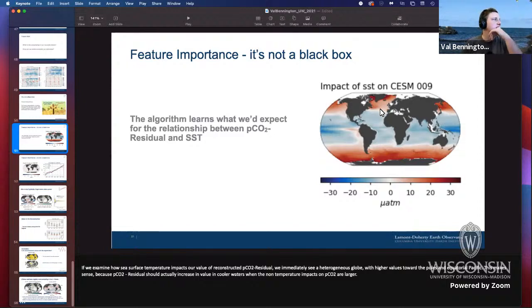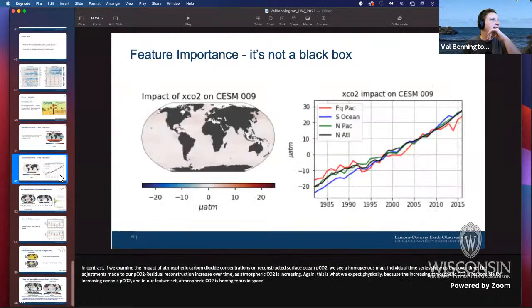So I'm getting into deconstructing that, but also looking at the impact of atmospheric carbon dioxide on the reconstructed values, and seeing what we'd expect here too. It's homogeneous, in contrast to the SST, where we see large variations in space of the impact. We see a more homogeneous impact of the atmosphere onto the ocean.